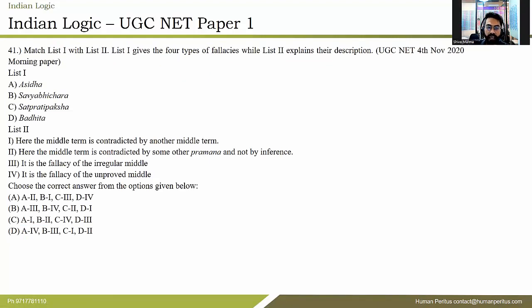Now here again they have asked about types of fallacies and their descriptions. Okay. A Siddha, the basic way which you can remember is A Siddha is unproved middle, and it is a fallacy of unproved middle.